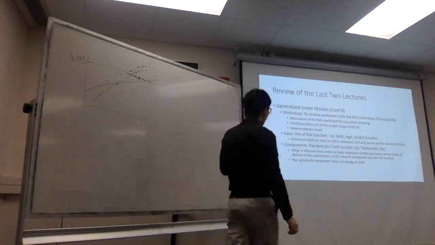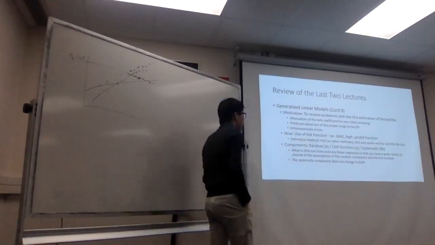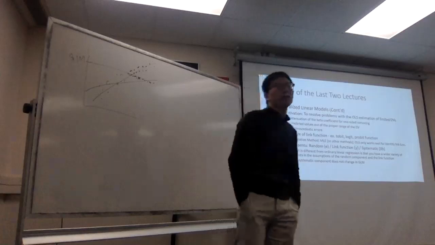The second problem is that there could be some predicted values out of the proper range of the dependent variable.